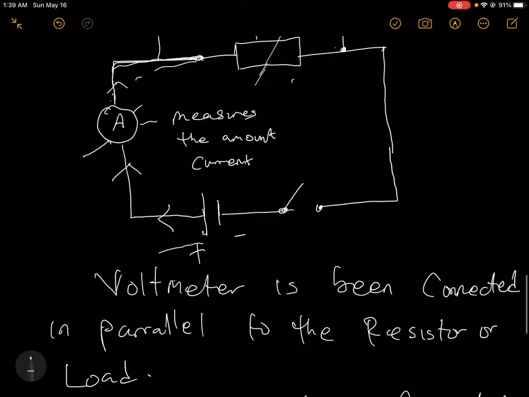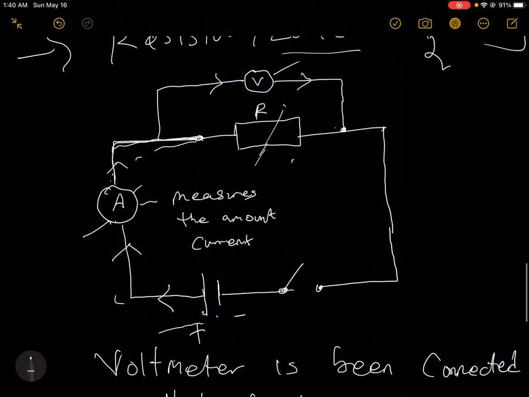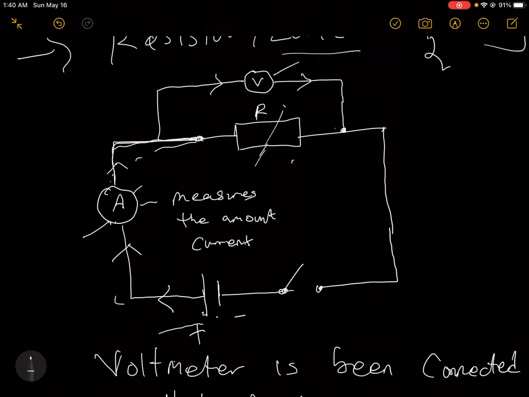So for direct measurement of our current, we need to connect our ammeter in series, and for us to know the voltage across our resistor, we need to connect our voltmeter in parallel.